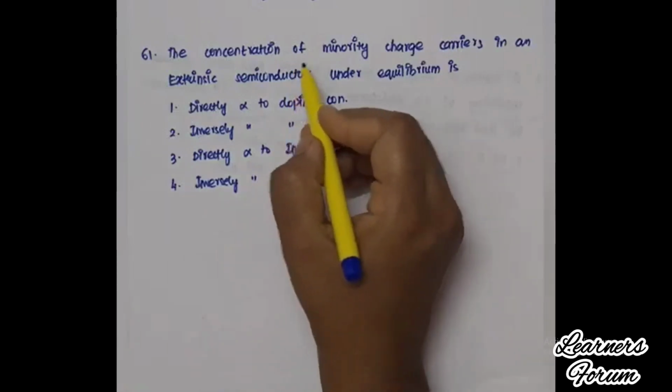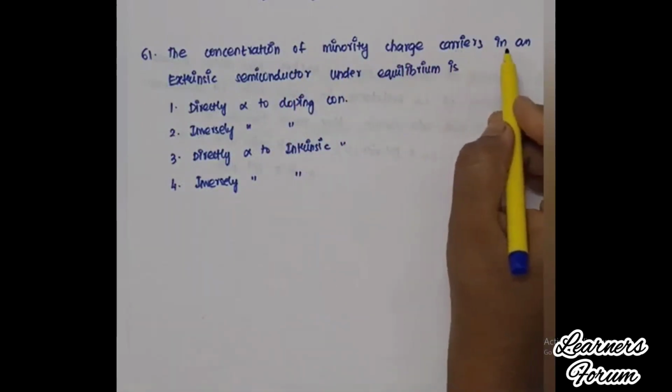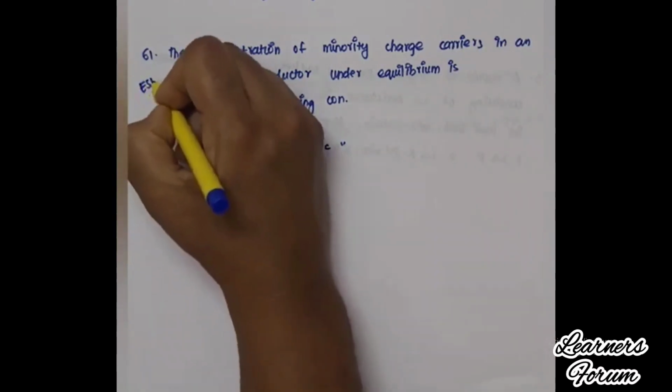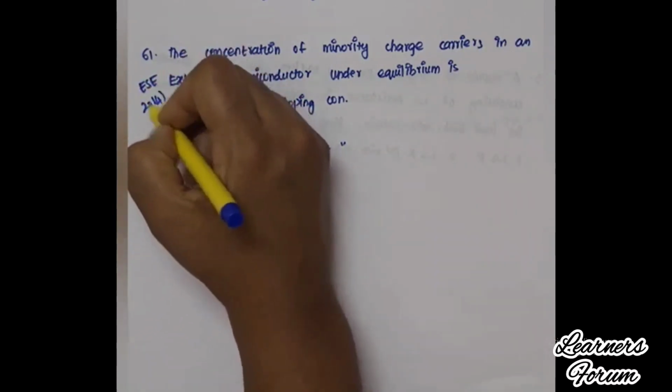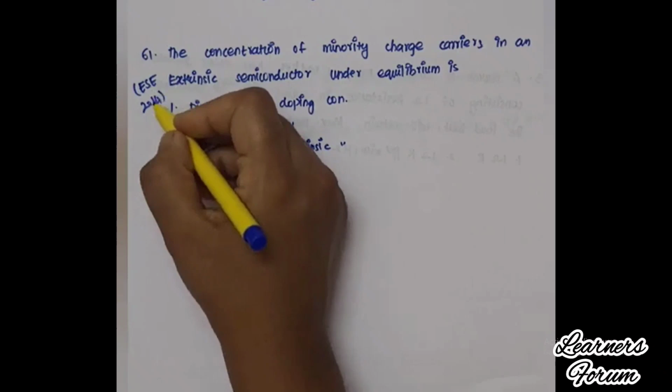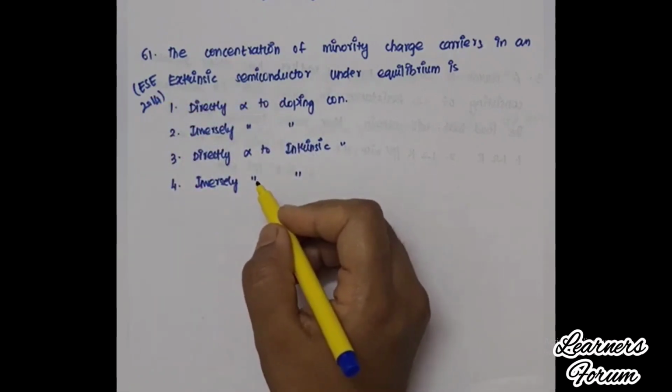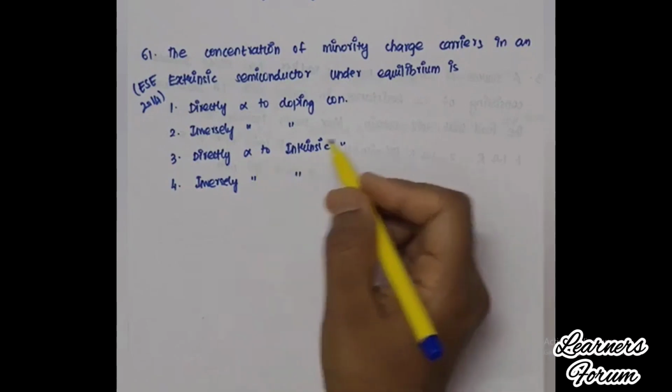Next question. The concentration of minority charge carriers in an extrinsic semiconductor under equilibrium is. This question was asked in the ESE 2014 question paper. Now let us solve this question using the concept of concentration of charge carriers in an extrinsic semiconductor.